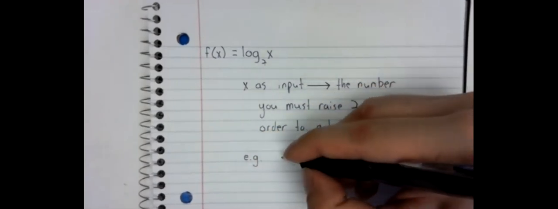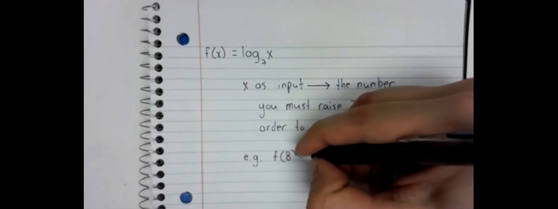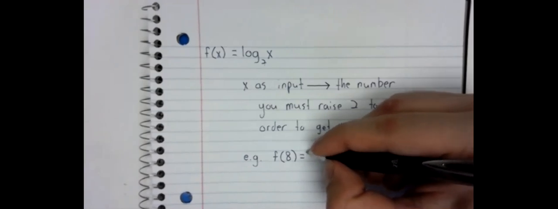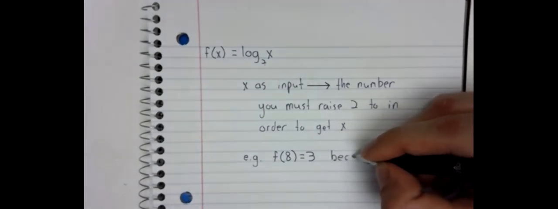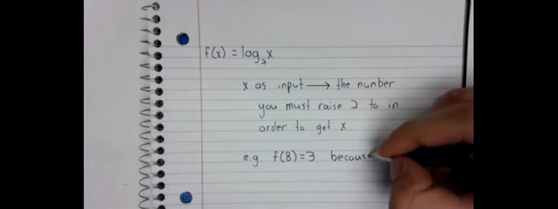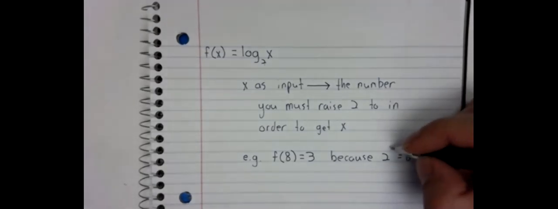So, for example, f of 8 equals 3. Because what number do you have to raise 2 to in order to get 8? Well, 2 cubed equals 8.